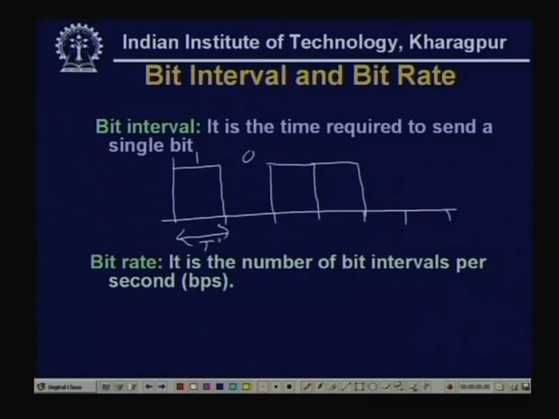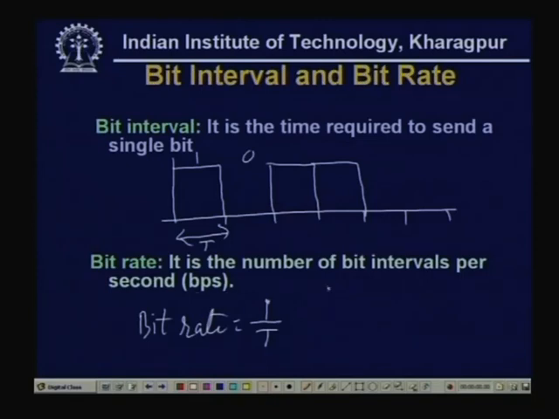Say this time t is the bit interval, and bit rate is, if bit interval is t, then the number of such bits that can be sent in 1 second is essentially 1 by t, and this is known as the bit rate, the number of such symbols that can be sent in 1 second.